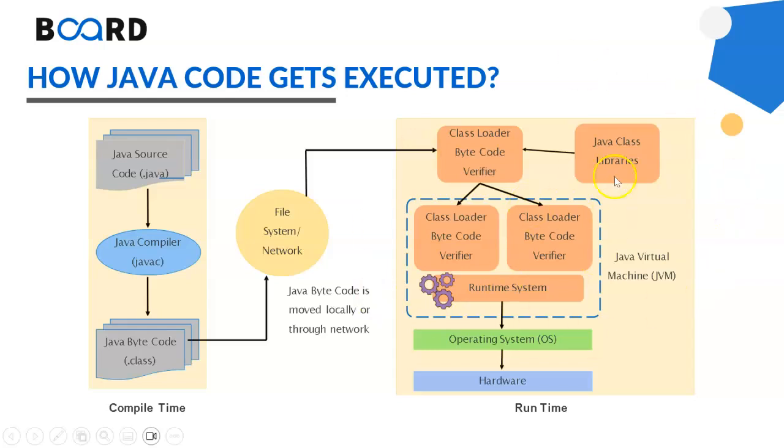JVM can execute various tasks at the same time. We also call them hotspot compilers as they are used by the JVM to find the hotspots in the bytecode as well. So this is how your Java code gets executed on the machine.